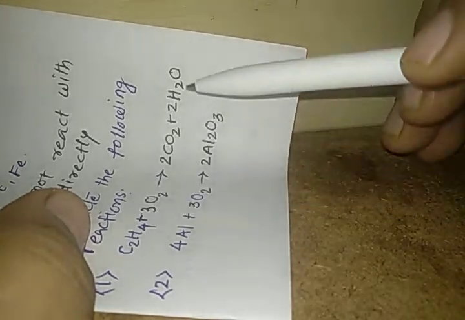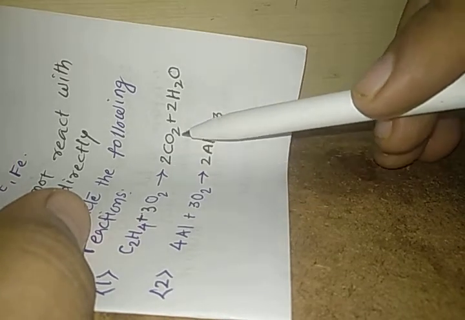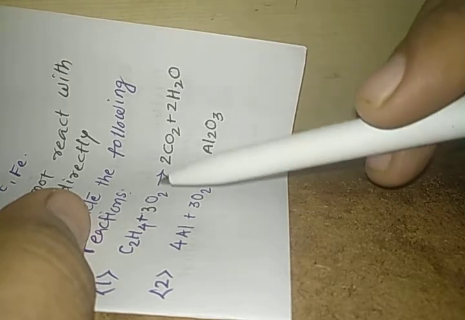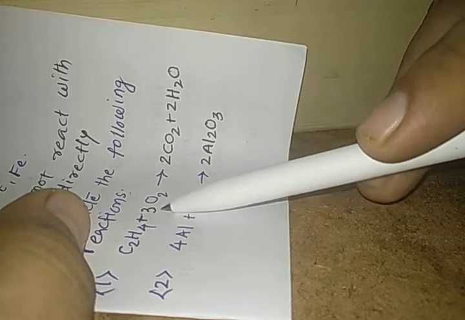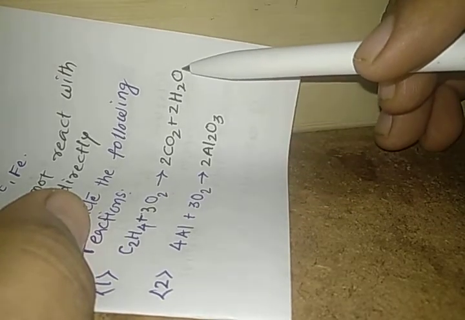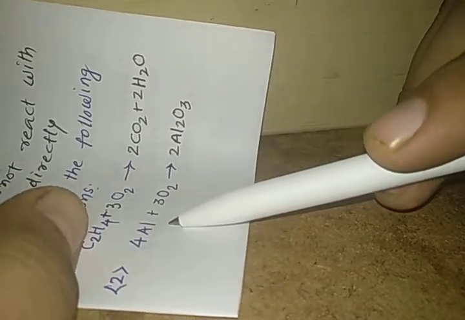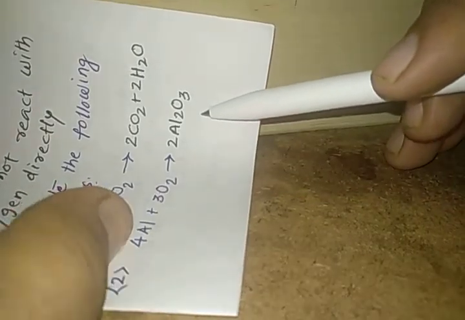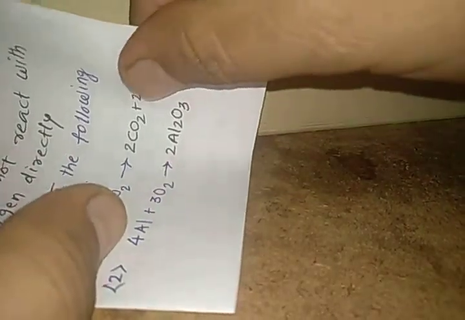To balance this equation, we count the number of oxygen atoms, divide that number by 2, and put that number before oxygen. So here 2 twos are 4, plus 2 is 6 oxygen, so 6 divided by 2 is 3. Aluminium, when it reacts with oxygen, produces aluminium oxide, Al2O3.